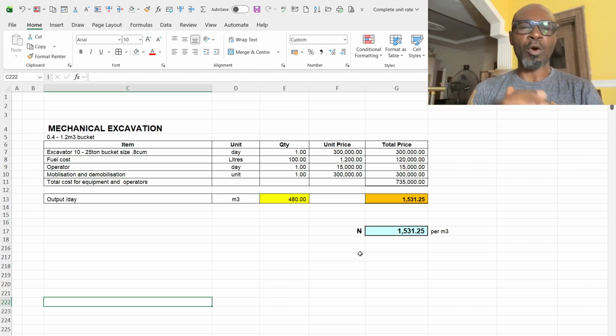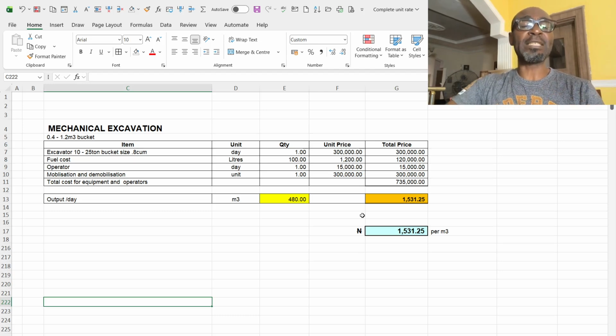Having taken us through these factors and those things we need to look out for before we can come up with a price that is either accepted or competitive, let us now go to the build up proper.